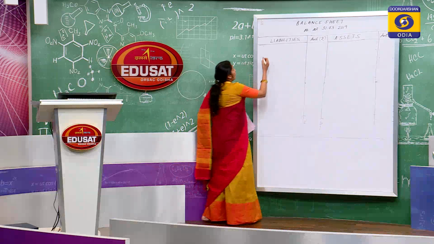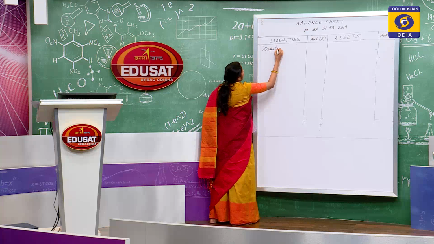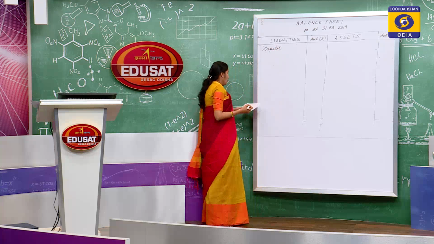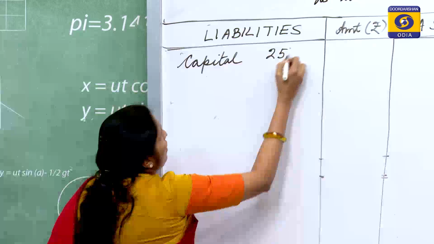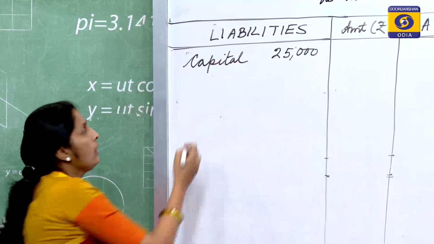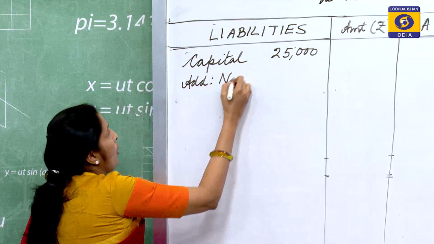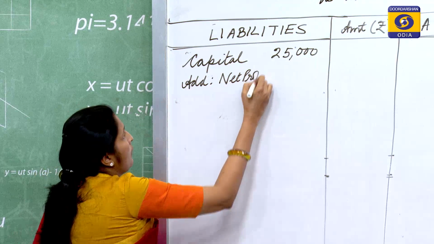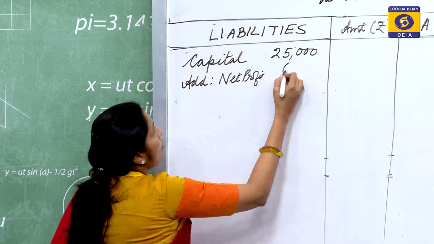As I already told you, the first item that will appear is capital, because I am preparing it in the order of permanence. So capital, the amount of capital given to us is 25,000. To capital we will add net profit. The net profit which we calculated from the profit and loss account was 6,200.